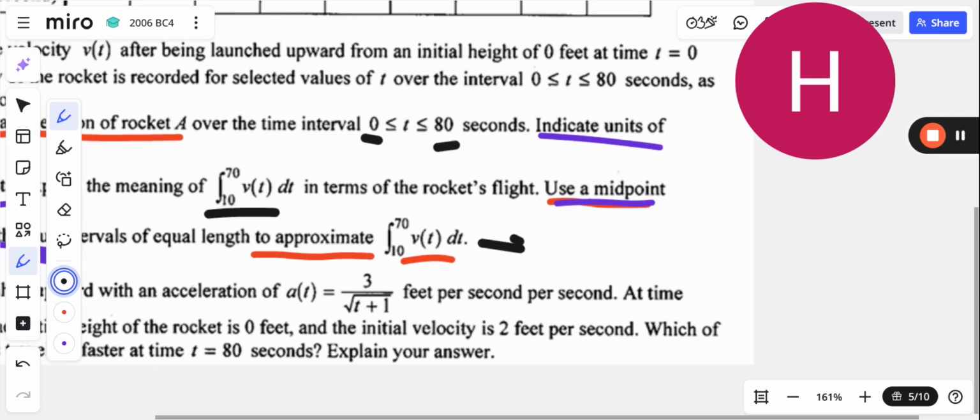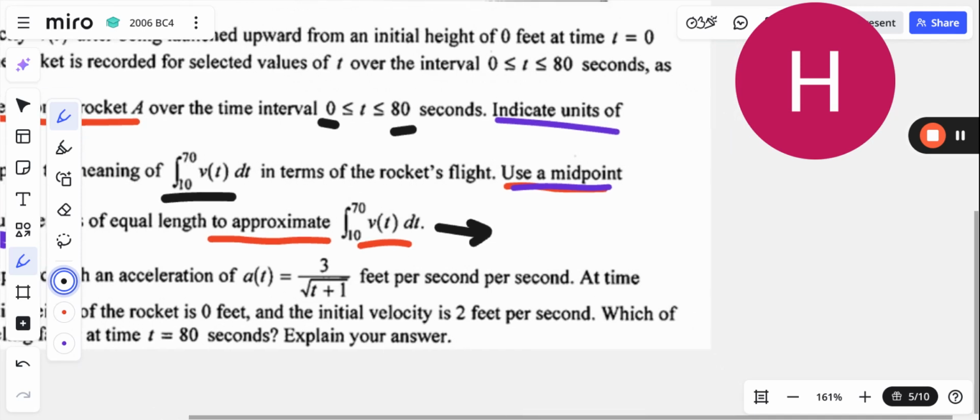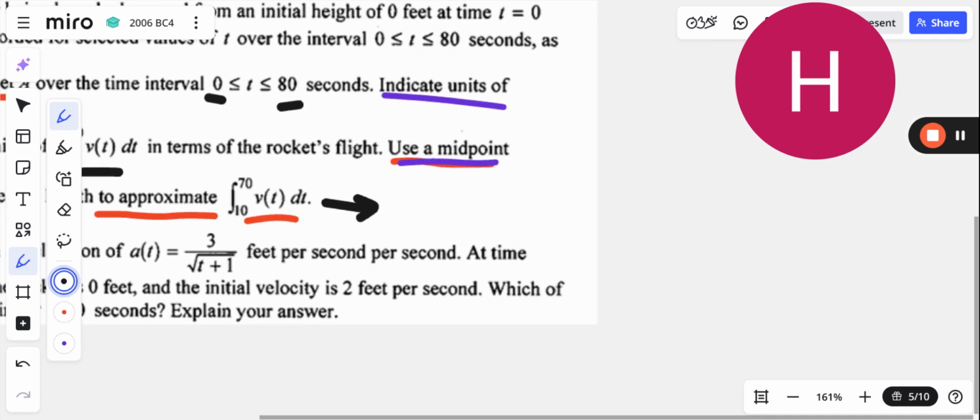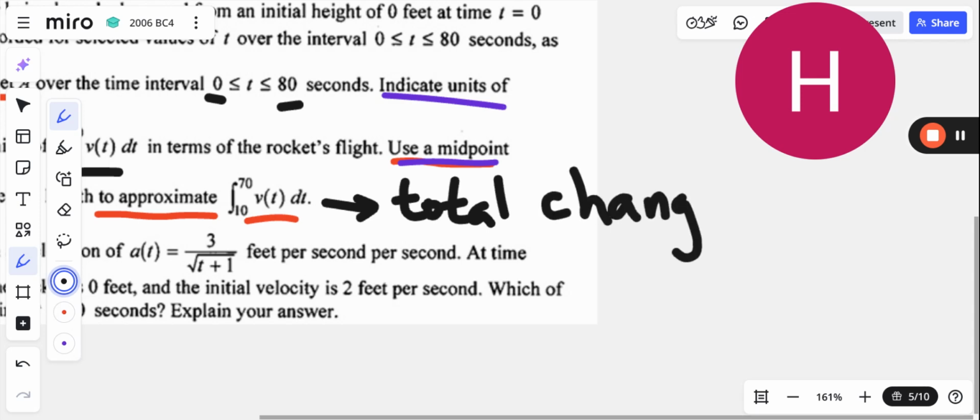Does that make sense? We're adding up a bunch of small changes in position over time, aka velocities, and over a long time interval, we end up getting the total change in position. So this is the total change in position, and specifically from those time intervals.